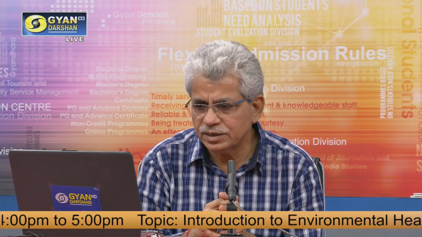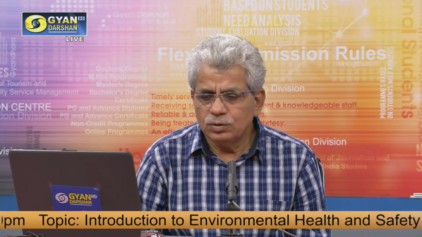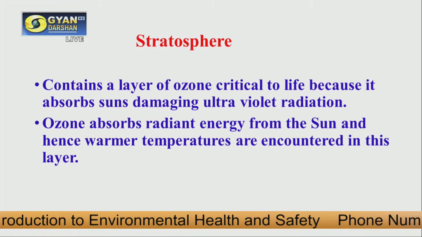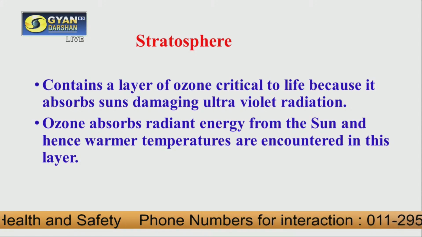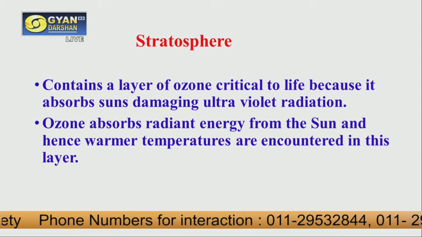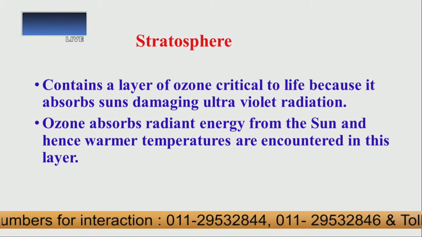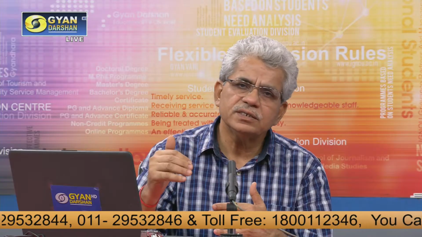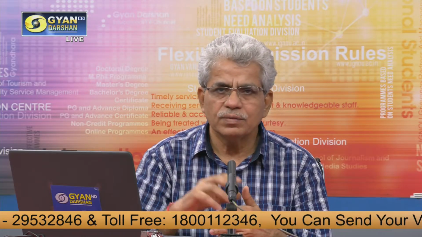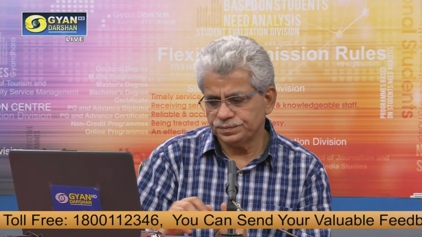There will be a lot of problems for human beings, a lot of problems related to skin and many other things due to ultraviolet rays. Ozone absorbs the radiant energy from the sun, and hence warmer temperatures are encountered in this layer. In comparison to the troposphere, the stratosphere is warmer because of this ozone layer.